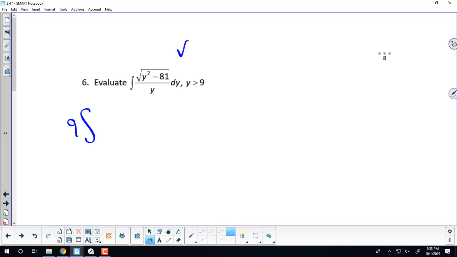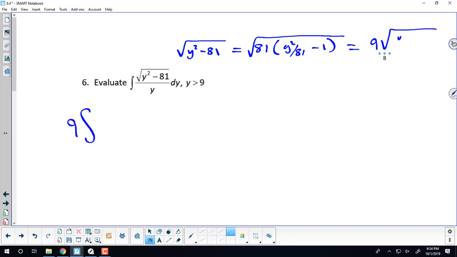Is everybody okay with that at this phase? So we have that. So that's what we're doing here, just preparing that for trig substitution.